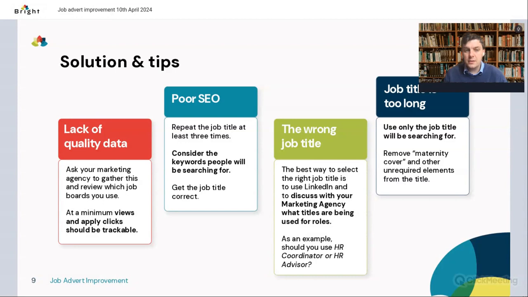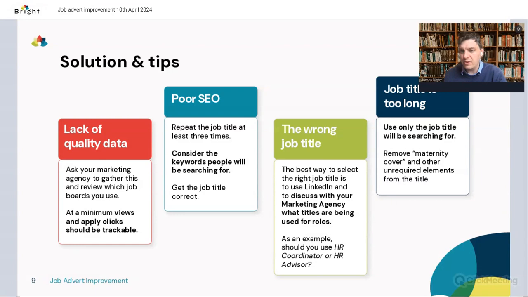It could just be that your SEO, your search engine optimization, isn't great for your job advert. So make sure your job title is repeated throughout the advert at least 3 times. Consider the keywords that people are searching for and get the job title correct. So an example we've got in the next box is of HR coordinator and HR advisor. Work out, and we can talk through LinkedIn in a minute, but work out, is your job a HR coordinator type job, or is it a HR advisor?